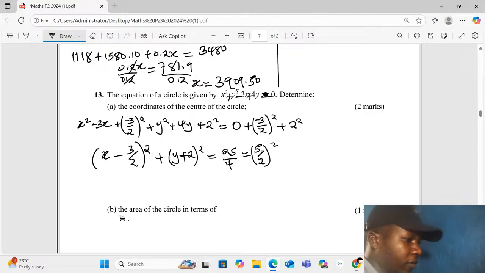Now, from this one now, we can see the coordinates coming out. Now the coordinates of the center of the circle. That is the question.